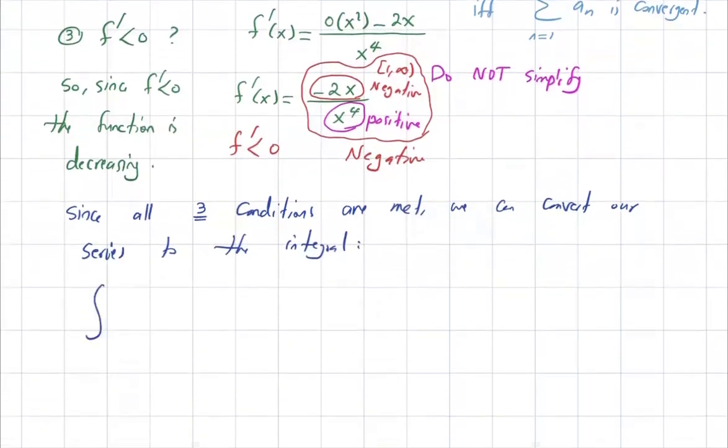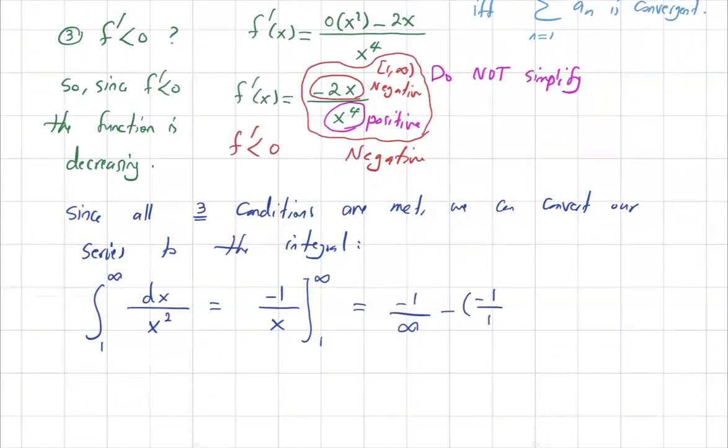The integral of dx divided by x squared, x starts from 1, goes to infinity, is very easy to calculate. This is negative 1 over x, x starts from 1, goes to infinity. If you plug in infinity, you get negative 1 over infinity minus negative 1 over 1, or 0 plus 1, or 1. So what do we have? Our integral converges to 1.